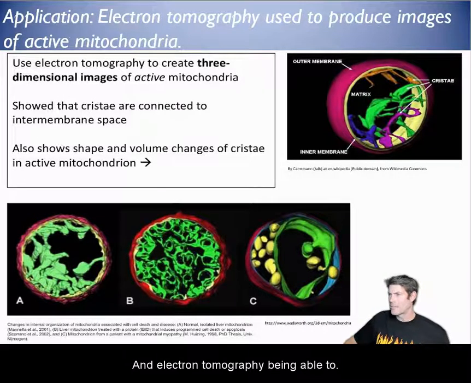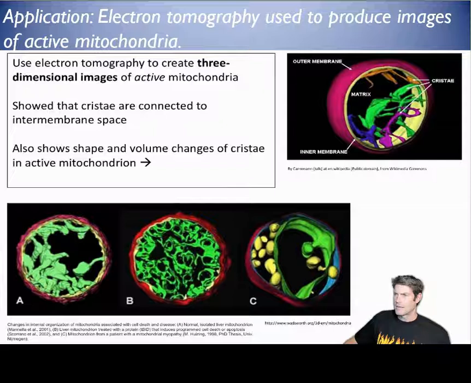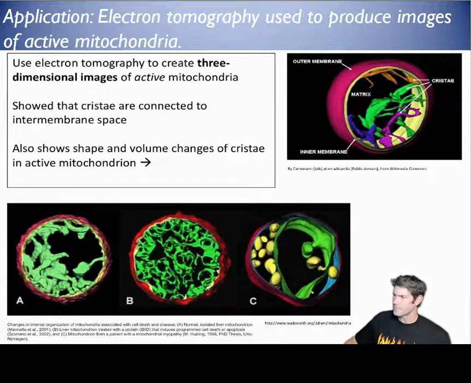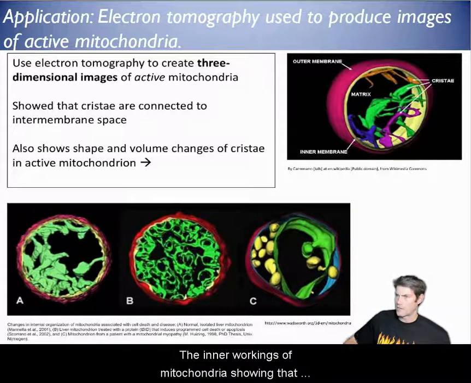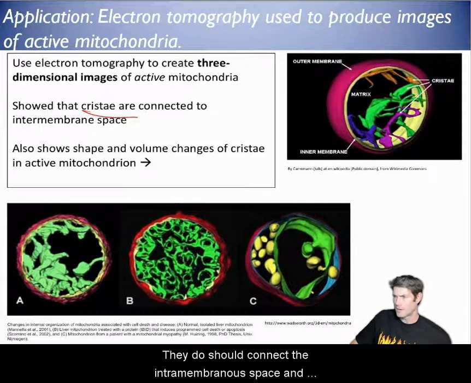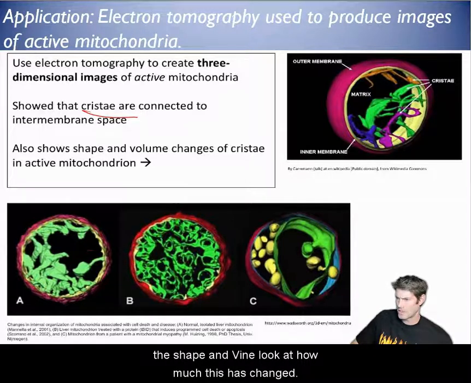And electron tomography, being able to use the power of the electron microscope to really dive in and see the inner workings of the mitochondria, showing that the cristae are connected. They do show it connected to the intermembrane space and the shape and volume. Look at how much this is changing.